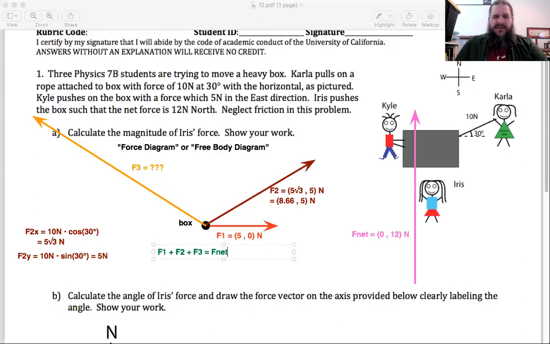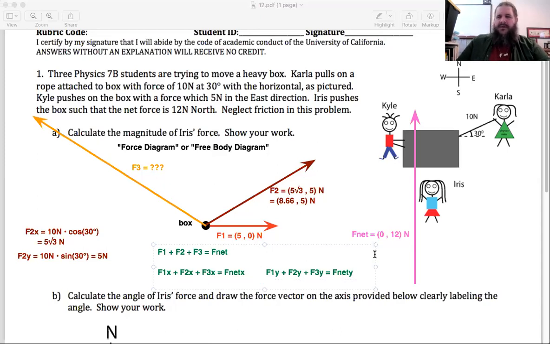And you can split that up into two equations. You can say the sum of the x components has to add up to 0. So F1x plus F2x plus F3x equals F net x. And separately, the y components have to add up to 0. F1y plus F2y plus F3y equals F net y.